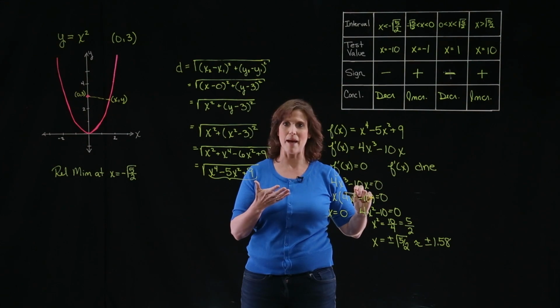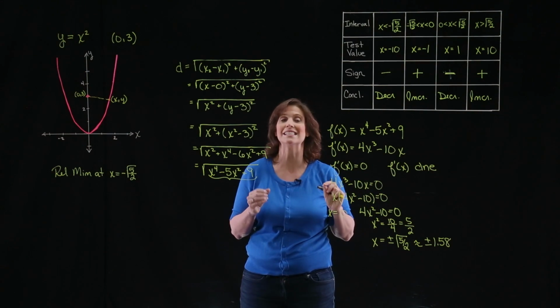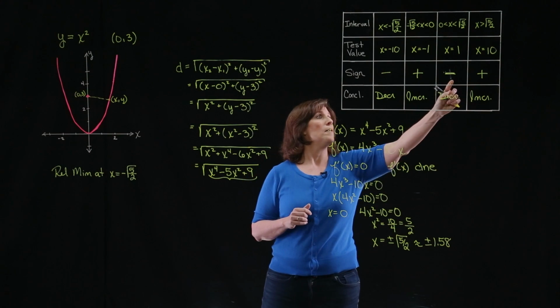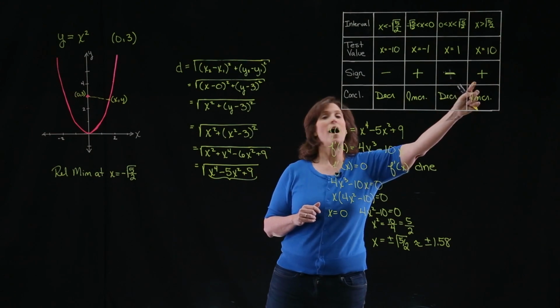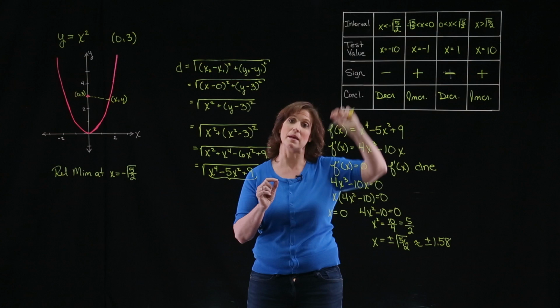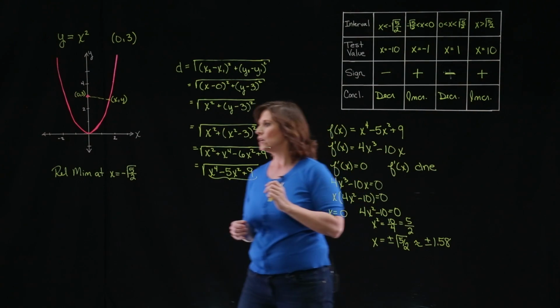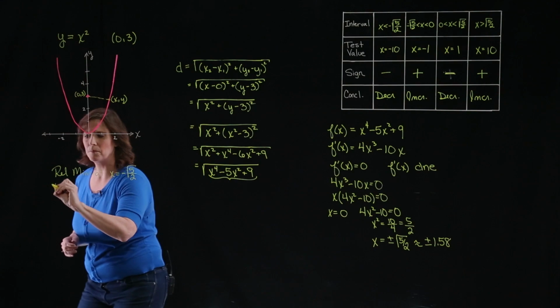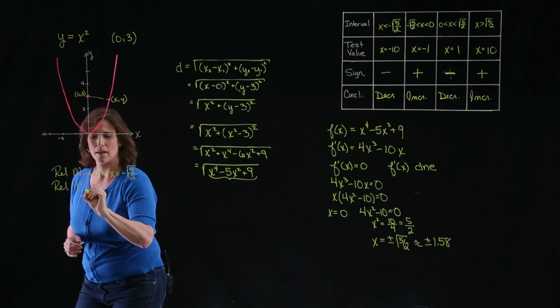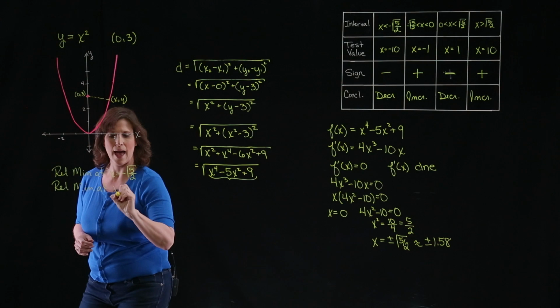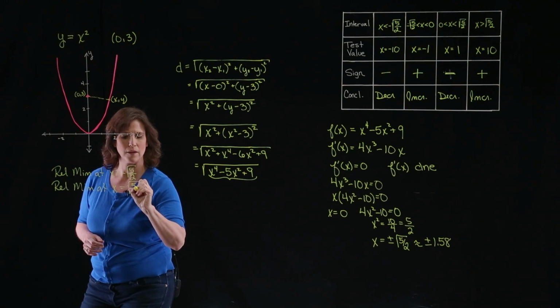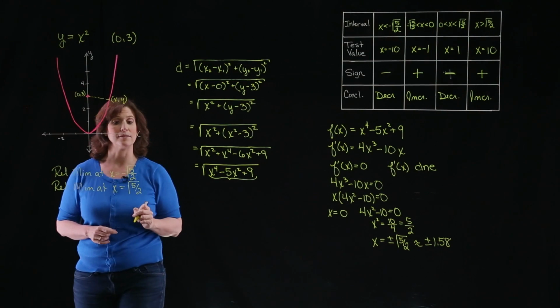And I'm not interested in maximum values. I want something where the distance is the smallest. But if I go from negative to positive, I'm decreasing and then I'm increasing again. That's going to give me another relative minimum, when x equals the square root of 5/2.